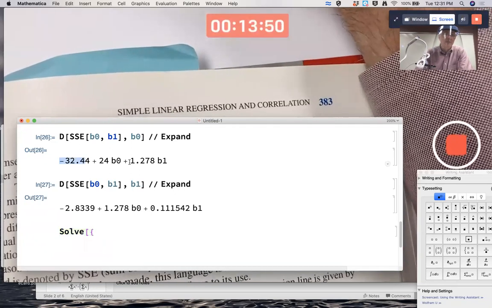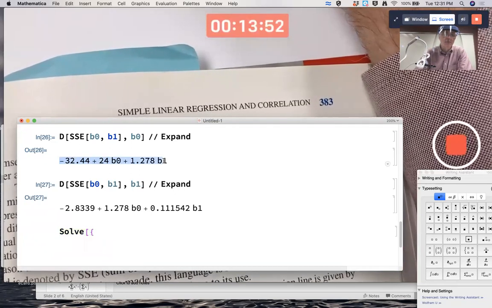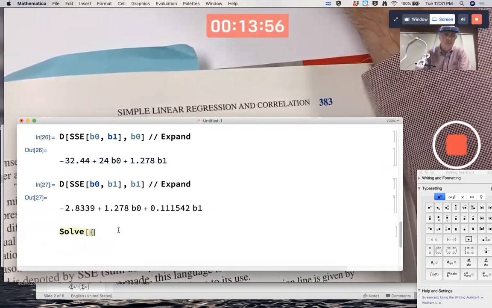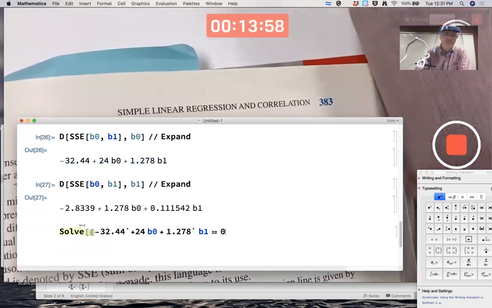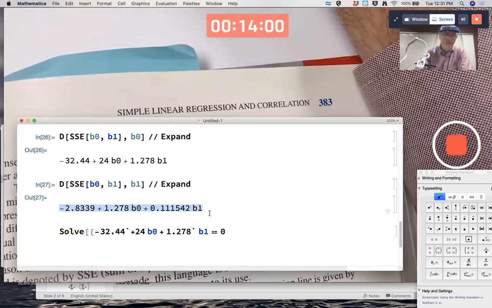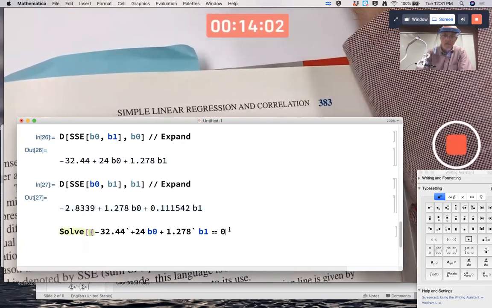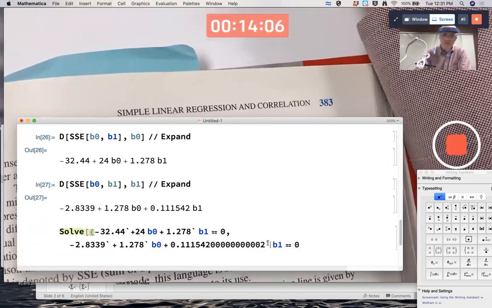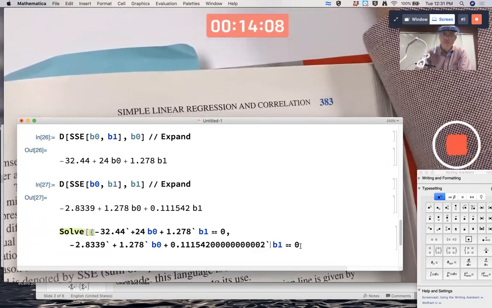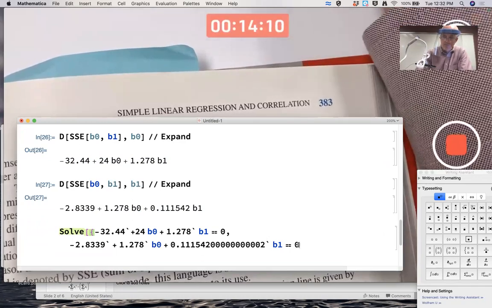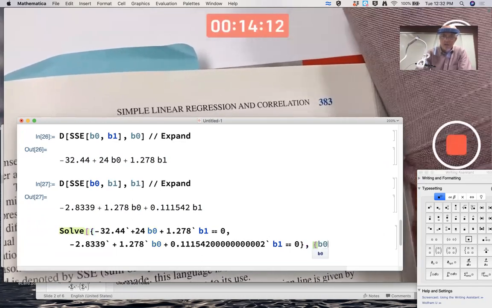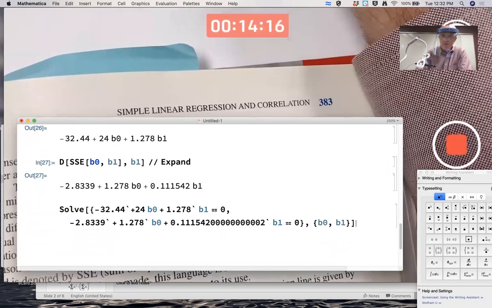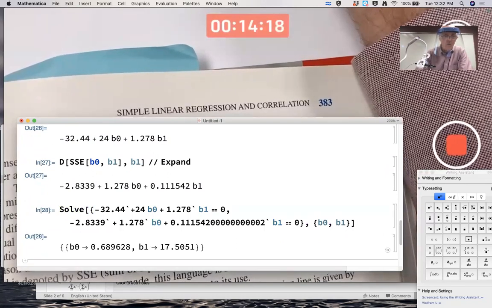So if I set these equal to 0 and solve for b0 and b1, ignore the apostrophes. That's just Mathematica's way of saying there's more decimal places it's keeping track of internally. We should get our old friends, the negative 0.003 or something, and the positive 25.4.